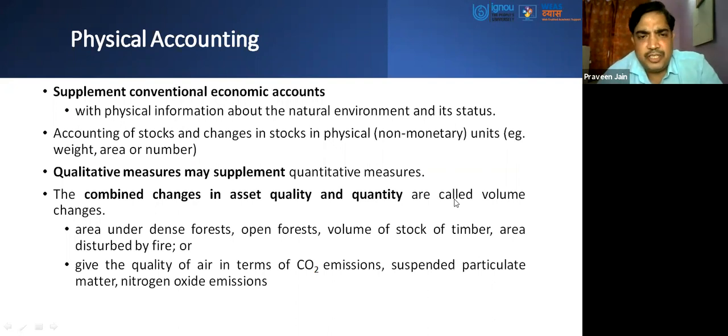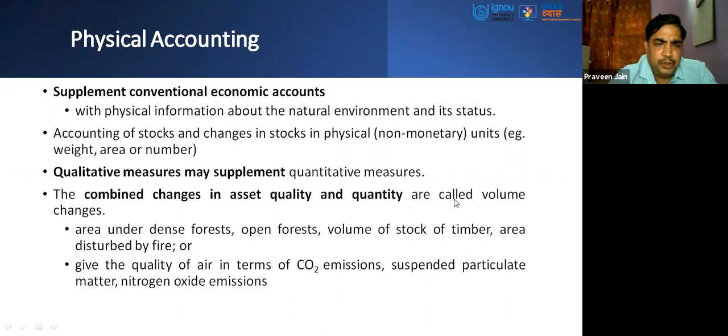When we calculate the GNP, gross national product, or GDP, we also collect information about the availability of natural resources, and we prepare a description of the natural resources available in the country and the changes taking place in their availability over a period of time.